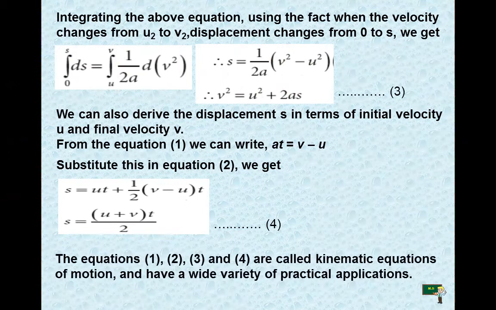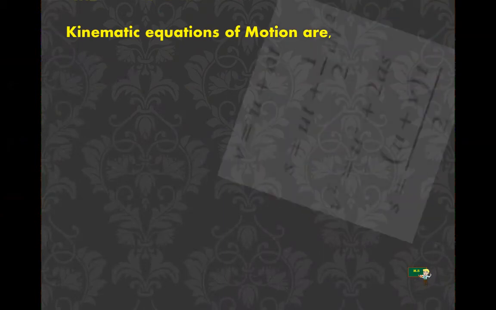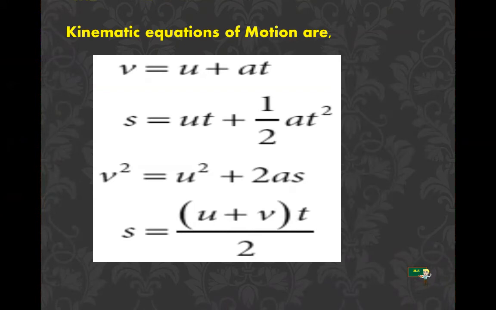Remember students, this question is very important till the completion of your graduation. Understand it and take care to learn it. Altogether, the kinematic equations of motion are: first, v is equal to u plus at; second, s is equal to ut plus 1 by 2 at square; third, v square is equal to u square plus 2as; and fourth, s is equal to (u plus v) t divided by 2.